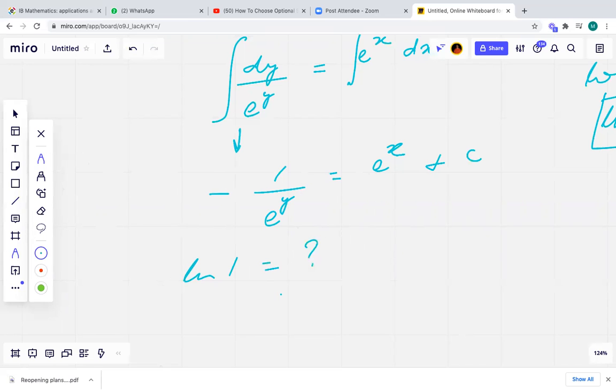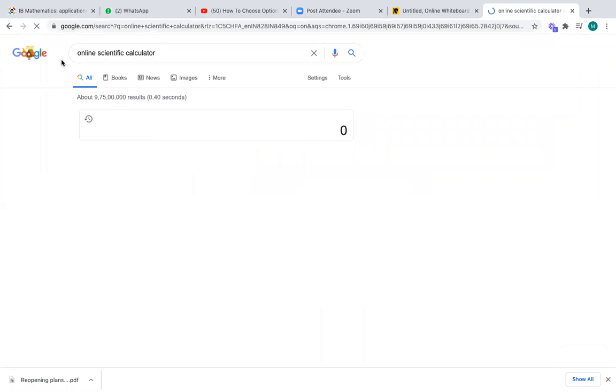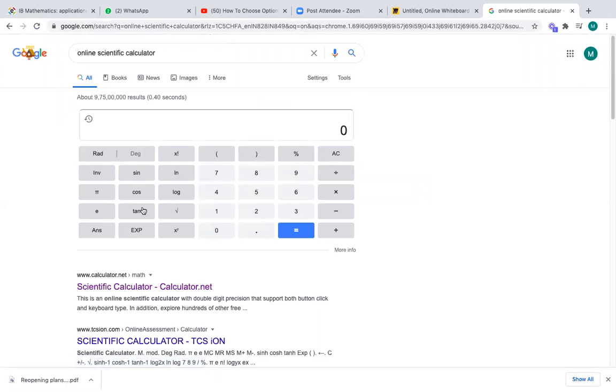Ln one is zero. You can check in your calculator. Yep, zero. Ln minus one is showing error.